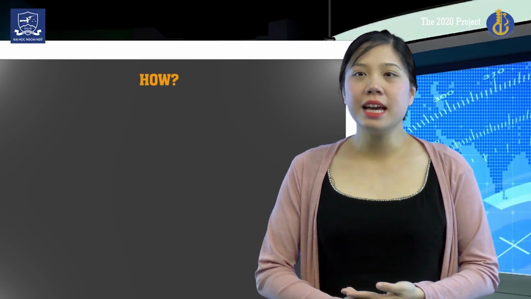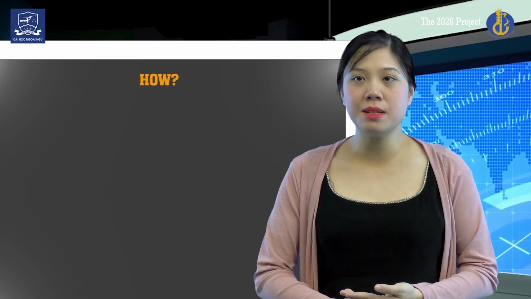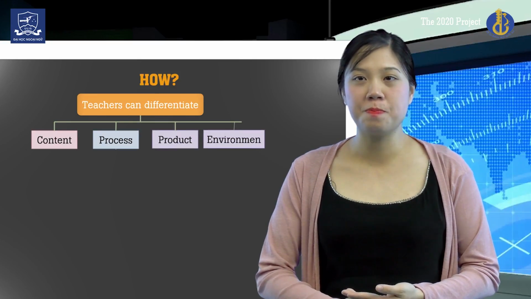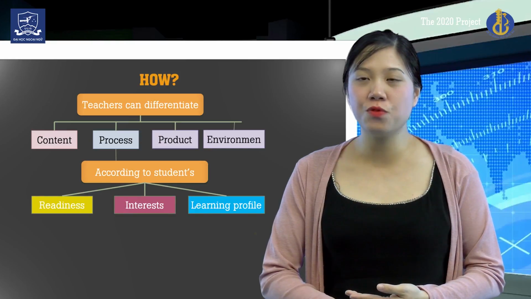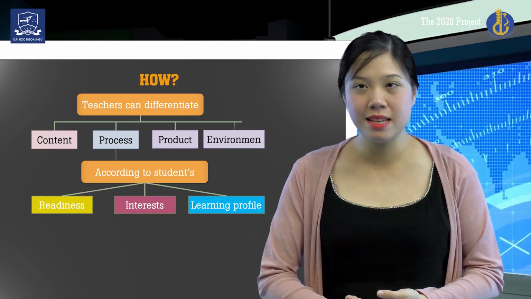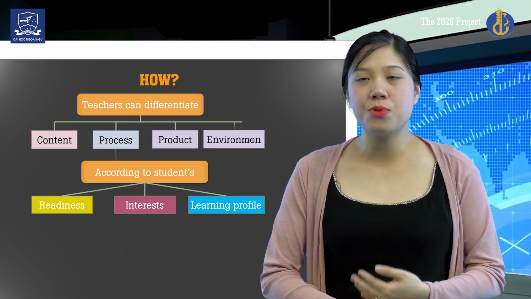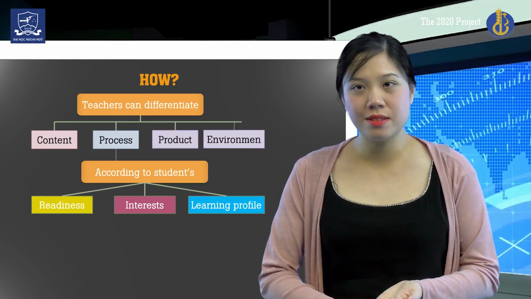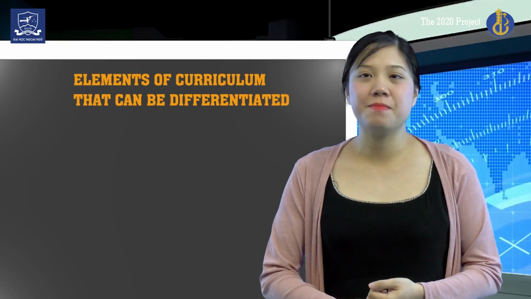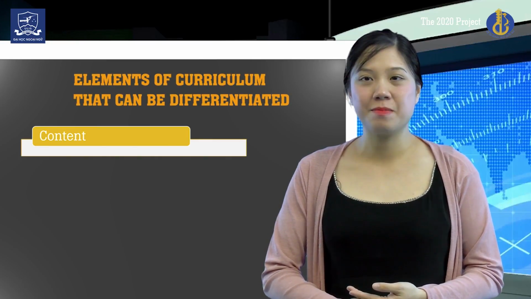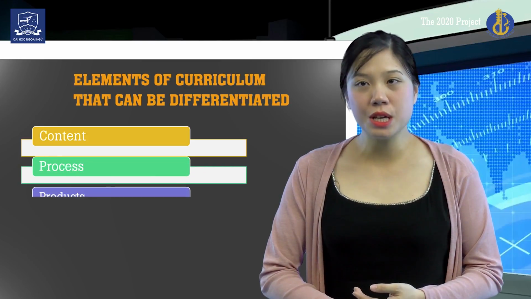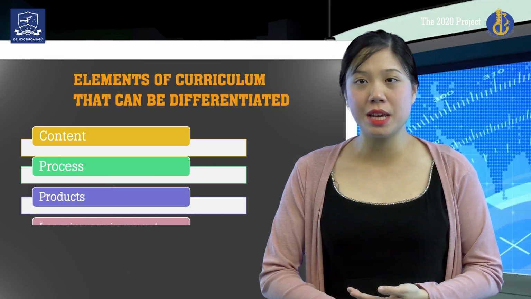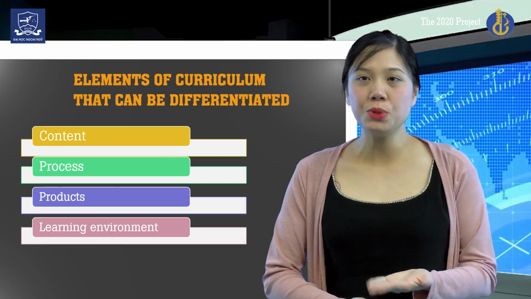So, how can differentiated instruction be made in the classroom? Teachers can differentiate at least 4 classroom elements based on student readiness, interest, or learning profile, and through 4 means. 1. Content: what the student needs to learn, or how the student will get access to the information. 2.